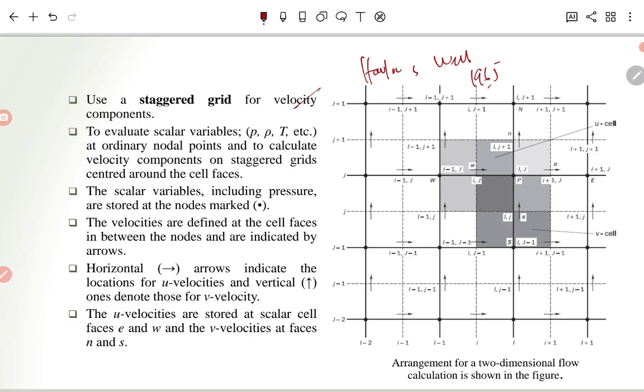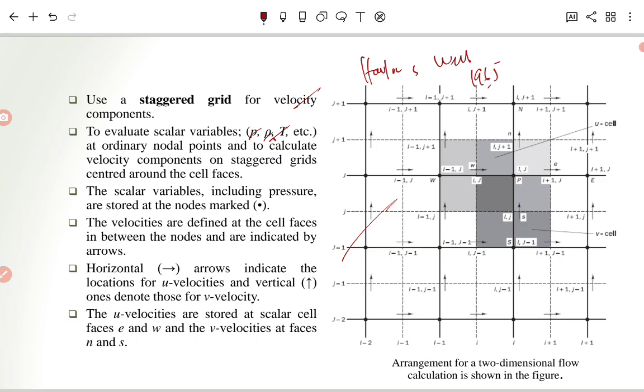So the idea of this staggered grid is to evaluate the scalar variables such as pressure, density, and temperature at ordinary node points, but to calculate the velocity components on a staggered grid centered around the cell faces.